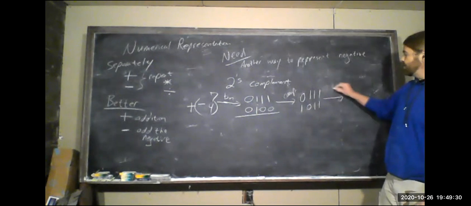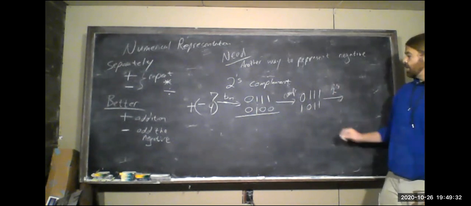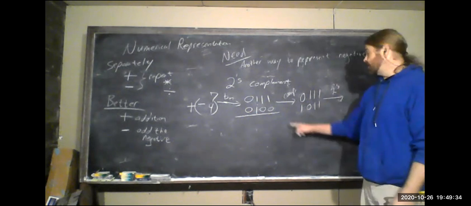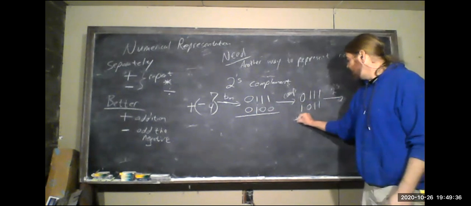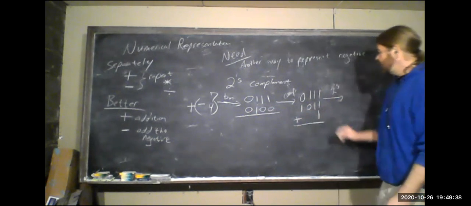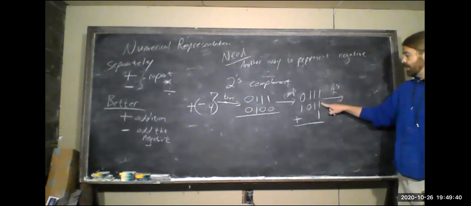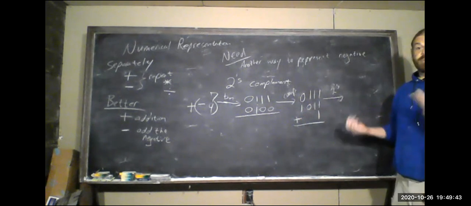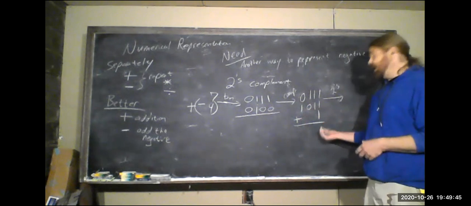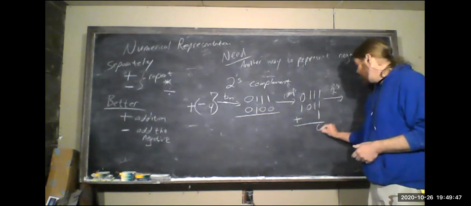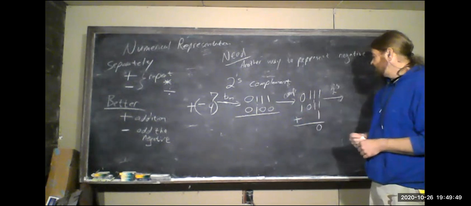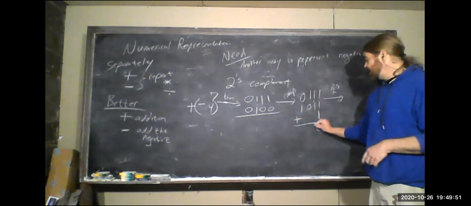And then to get to 2's complement, we add 1 to the complement. So we take the complement and then add 1 to get to 2's complement. So 1 plus 1 would be 2, which in binary is 1, 0. So we need a 0 and carry a 1 to the next column. Again, 1 plus 1 is 2.